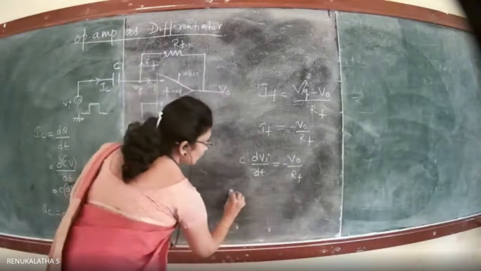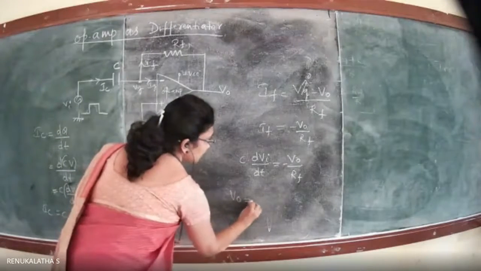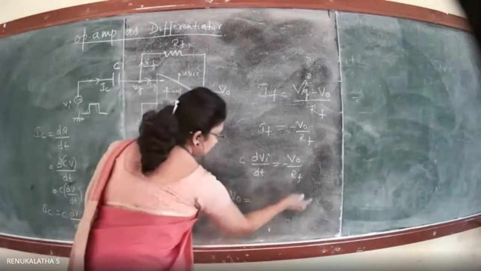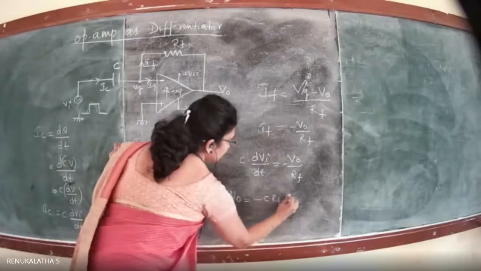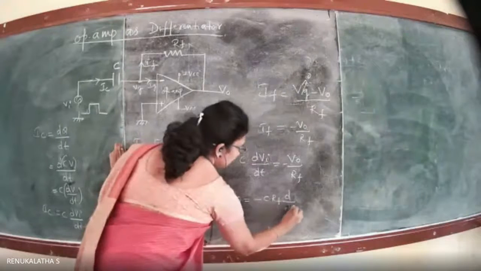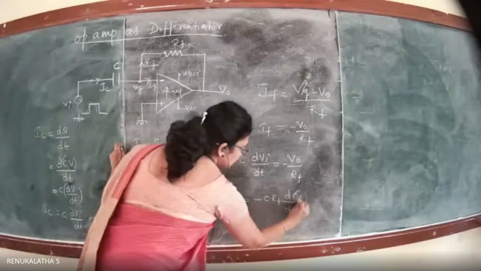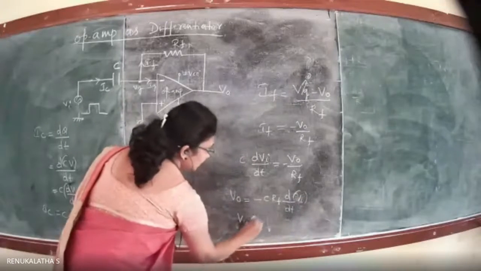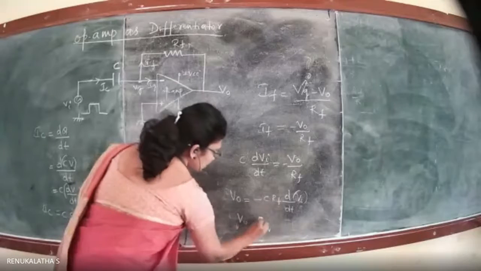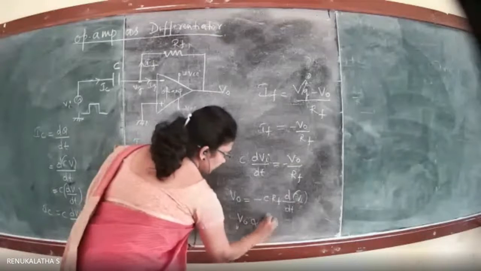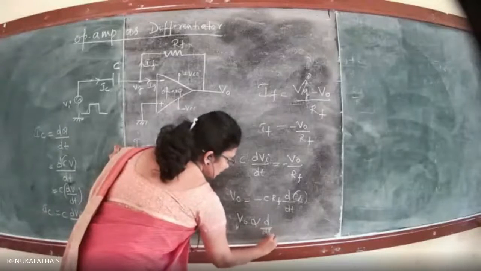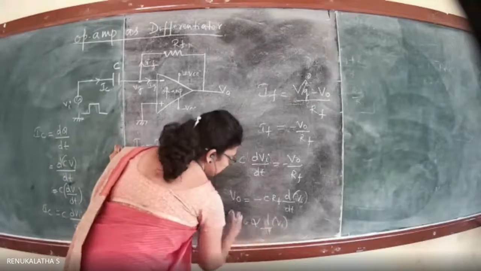So V naught is equal to minus C into RF, d by dt of Vi. These two are constants, so it is directly proportional to the derivative of the input Vi.